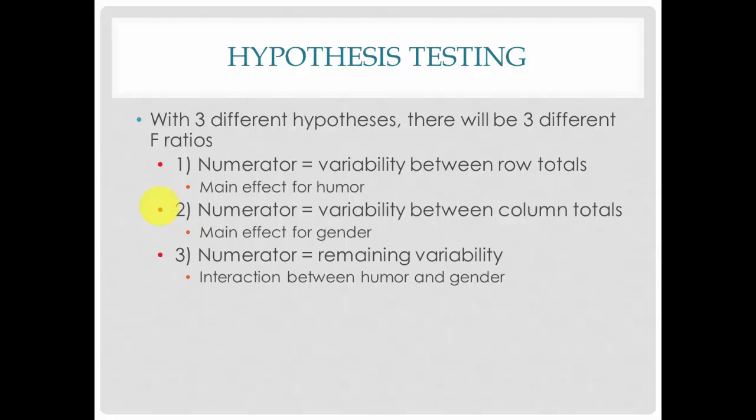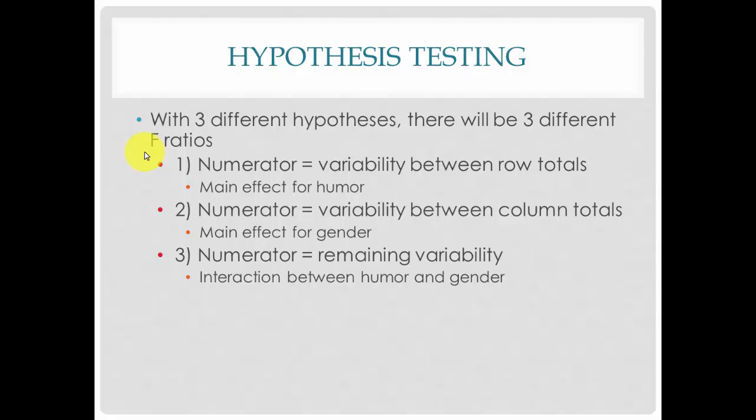In each of these, the numerator, or the top number in the F ratio, is going to come as a variability between the humor groups for number one, between the genders for number two, and then the interaction, all remaining variability between humor and gender, in number three.